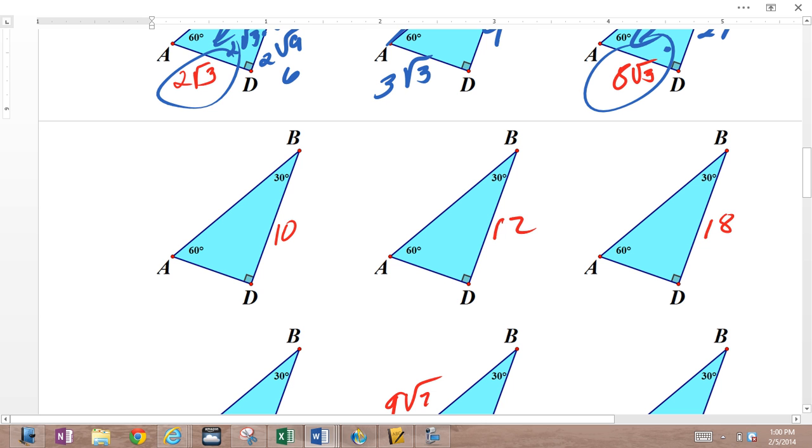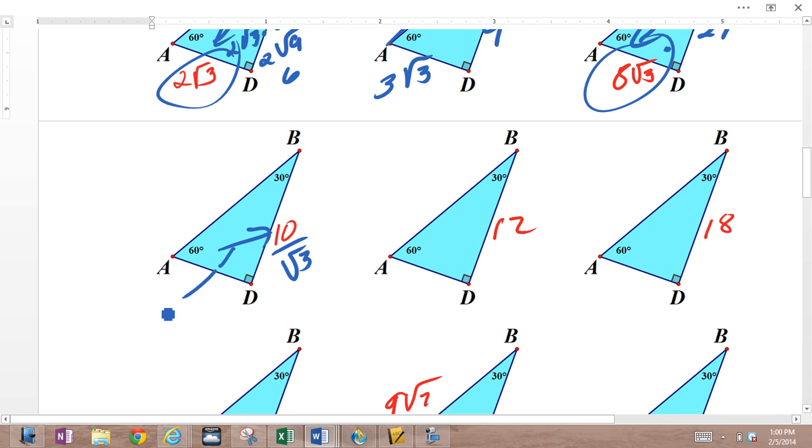Here we have the long side. It is 10. What do we have to do? We want the short side. Well, remember, when we have the short side and want the long side, we multiply by root 3. So if we take the long side and divide by root 3, we get the short side.